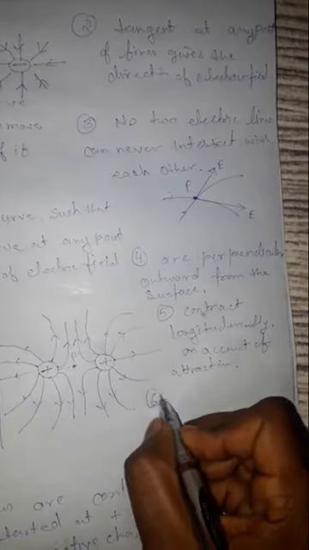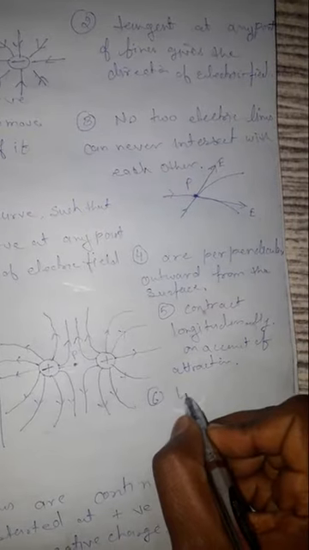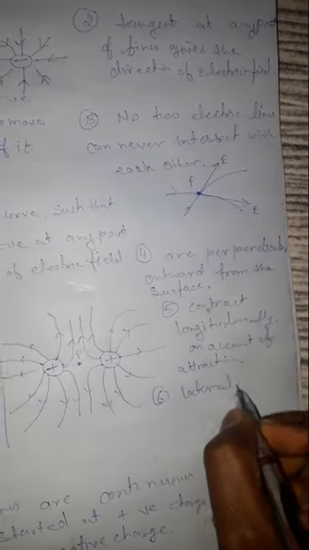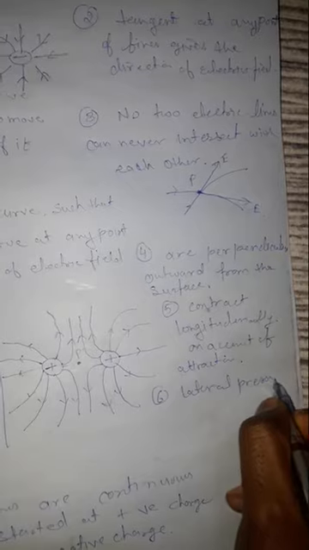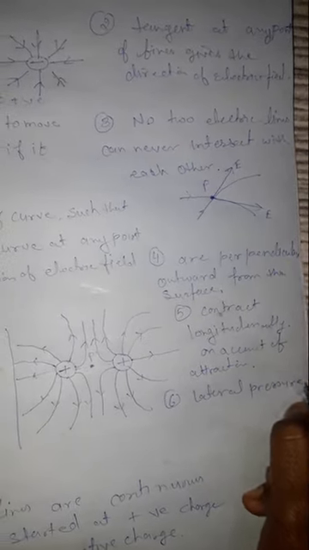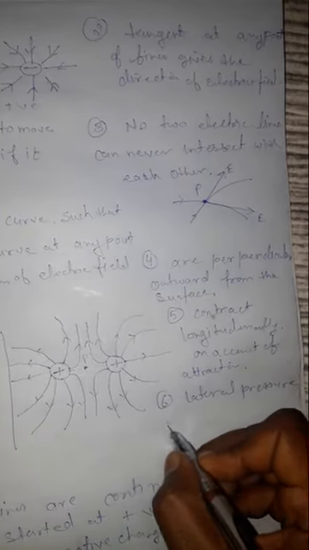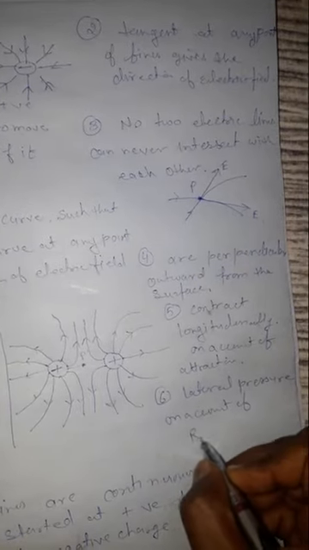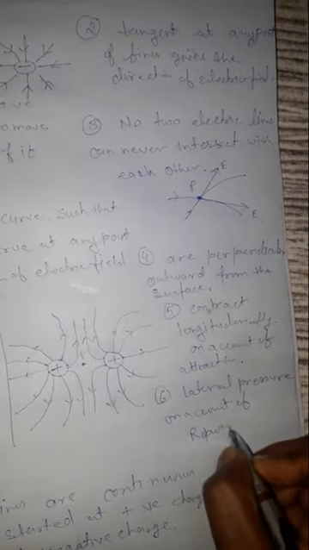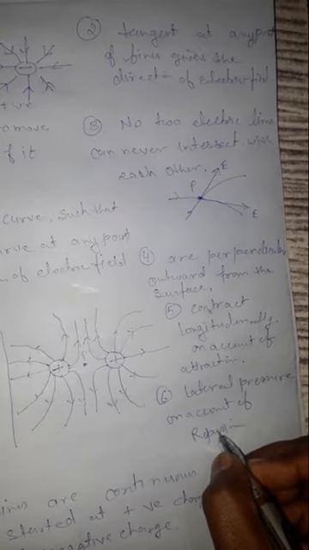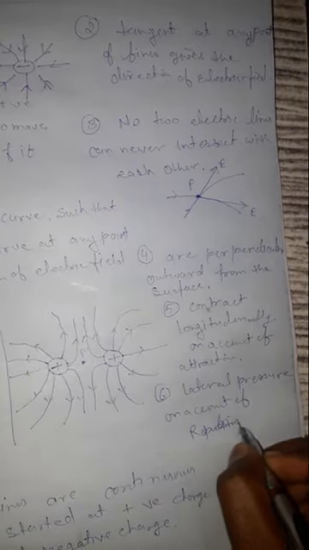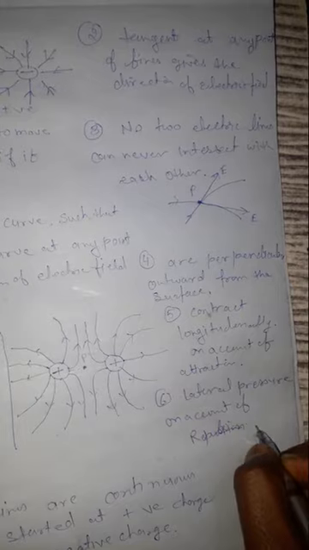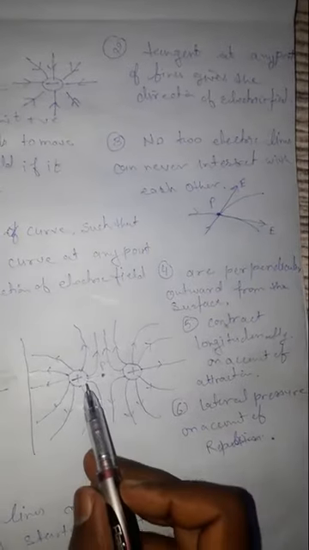The next property is that field lines exert a lateral pressure on account of repulsion in case of two like charges, like here.